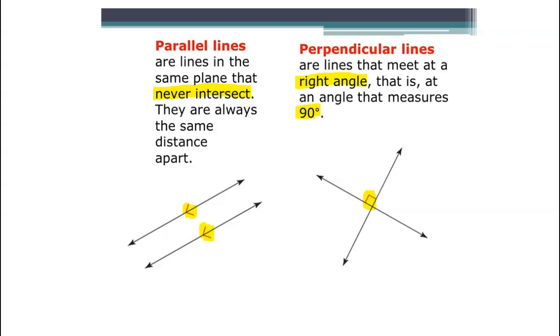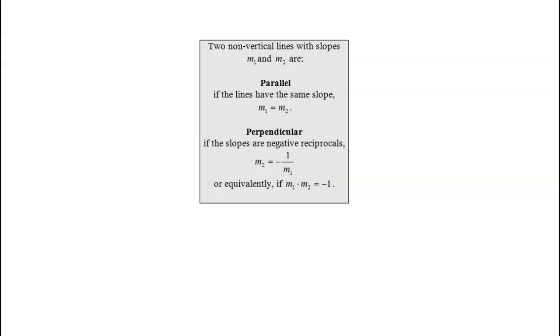Okay, so what makes parallel lines never intersect is that they have the same slope. So in your toolkit, you should be copying this down right here. Parallel lines: if the lines have the same slope, they are parallel.